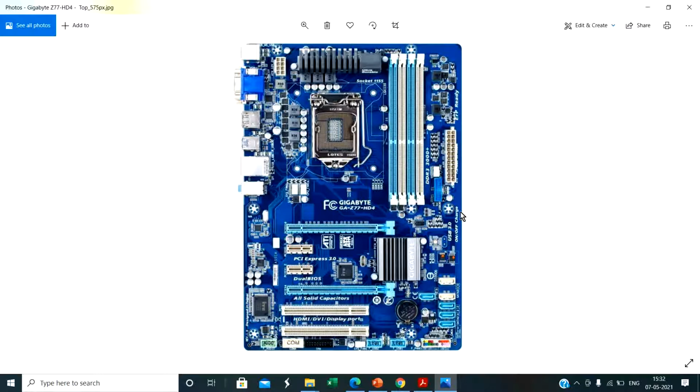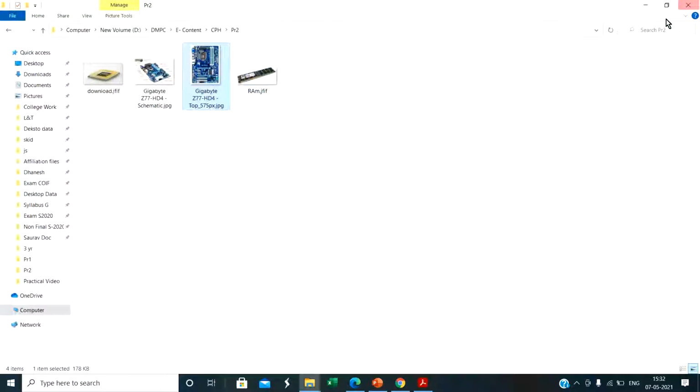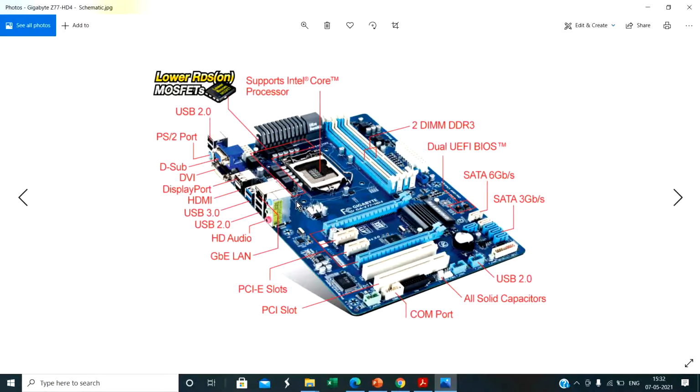This is the basic figure or diagram of the processor. Then we can see the various components of the motherboard. First, there is a slot to connect the processor.